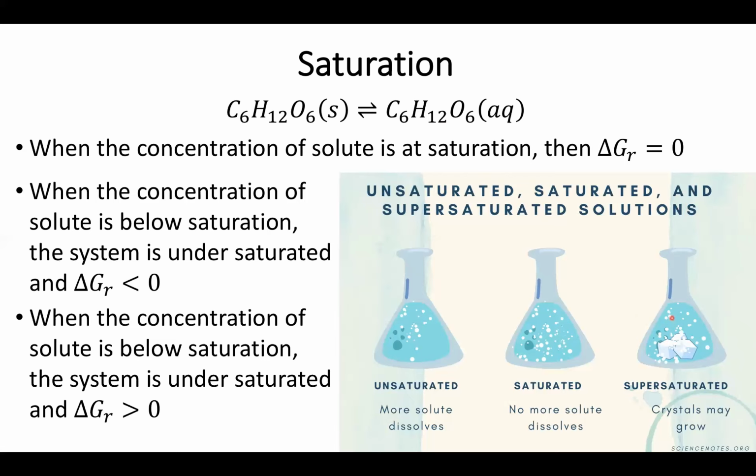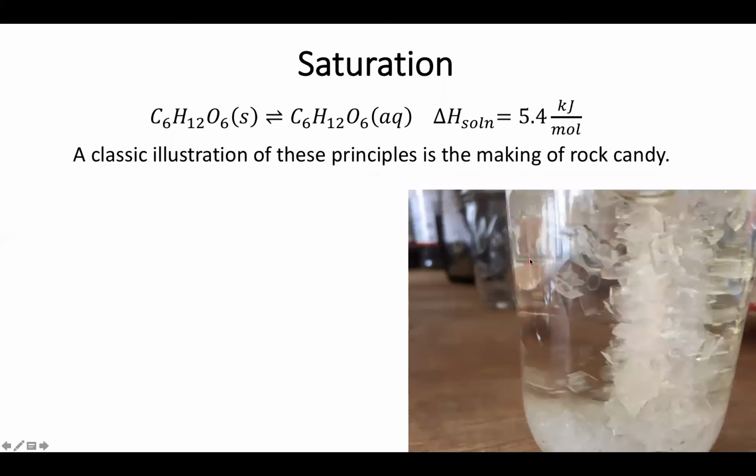Now, a good way to illustrate these processes is going to be looking at rock candy. So one of the big things when you're looking at glucose and sucrose, which form the two classic forms of sugar, note that they have a positive enthalpy. This means that these reactions are endothermic. So if I add more temperature, I am going to end up increasing that saturation level.